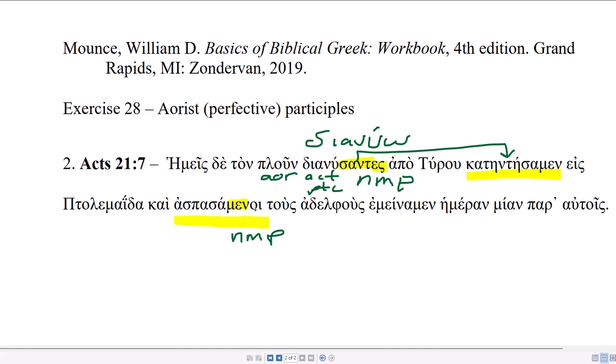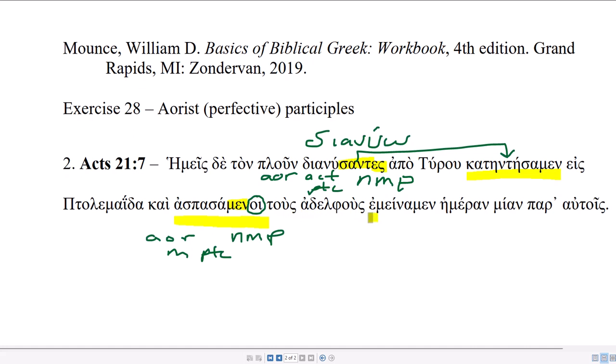This is second declension because it's middle. Remember, the middle participles use second declension. So the oi is that nominative masculine plural, second declension ending. And this is again an aorist middle participle. But the lexical form aspazomai means it's deponent, and so probably we're looking at an active meaning here. Greeting, tous adelphus, the brothers.